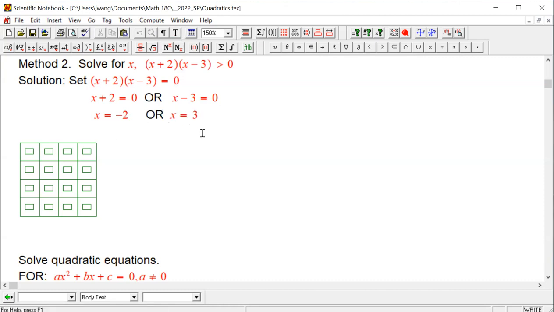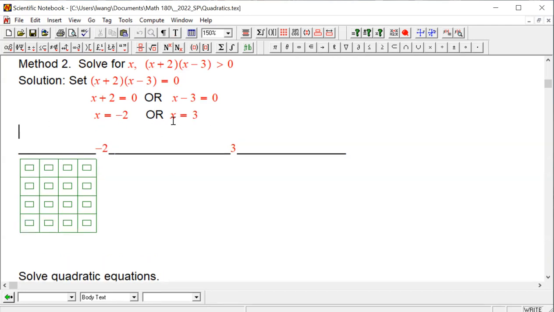But you need to understand why we do this. The reason is that on the number line, there's a number -2 and a number 3 where the product is going to be 0. At these two places, the product is 0, and we know that these are the two numbers where sign changes take place.